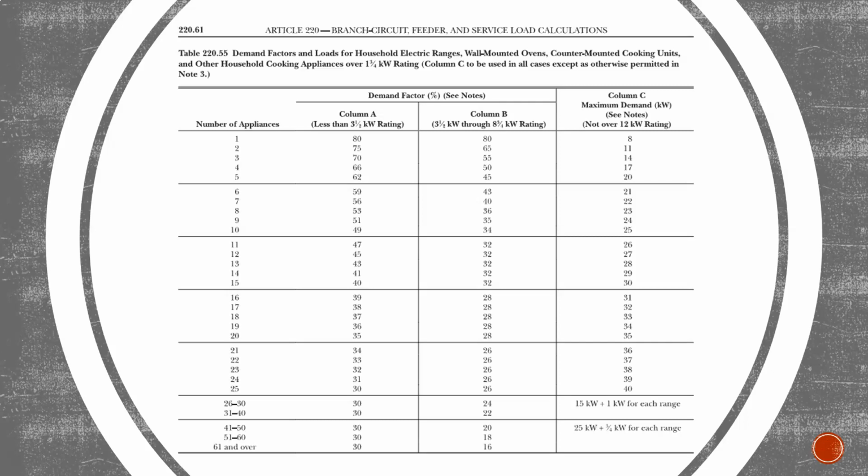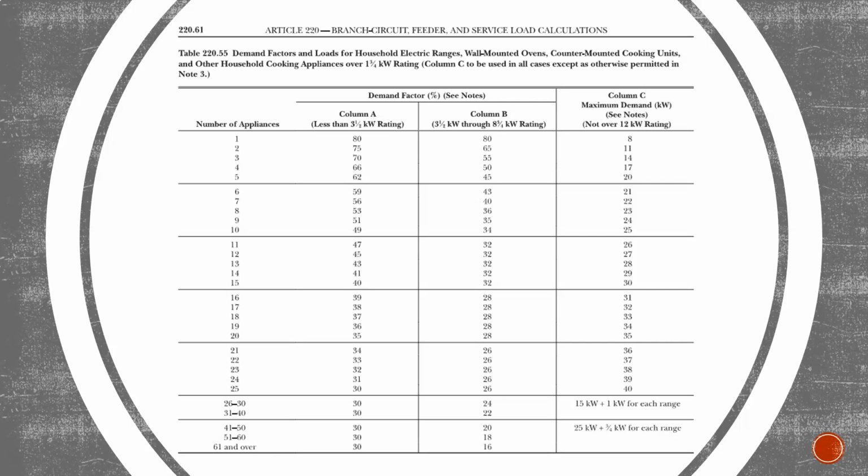That would mean that we are 2 kW over 12 kW. 14 minus 12 equals 2. So for each of those kW, we have to increase the column C amount by 5%, which means since we're increasing it by 5% 2 times, that means 10%. So for a 14 kW range, we would have to increase our column C amount by 10%.